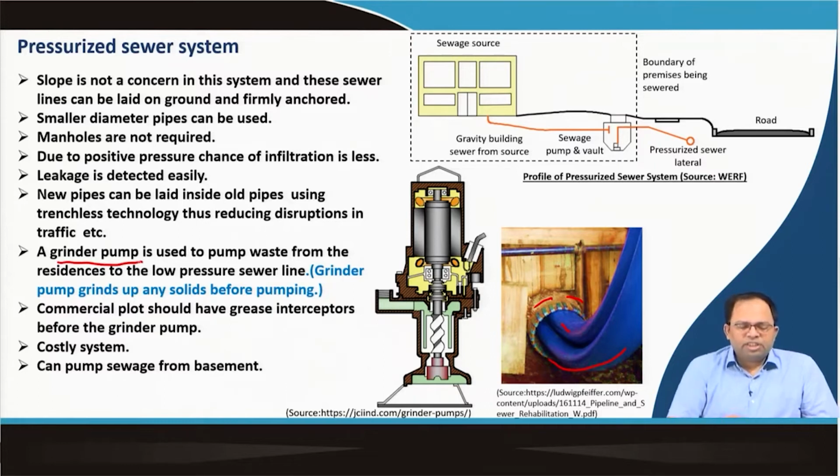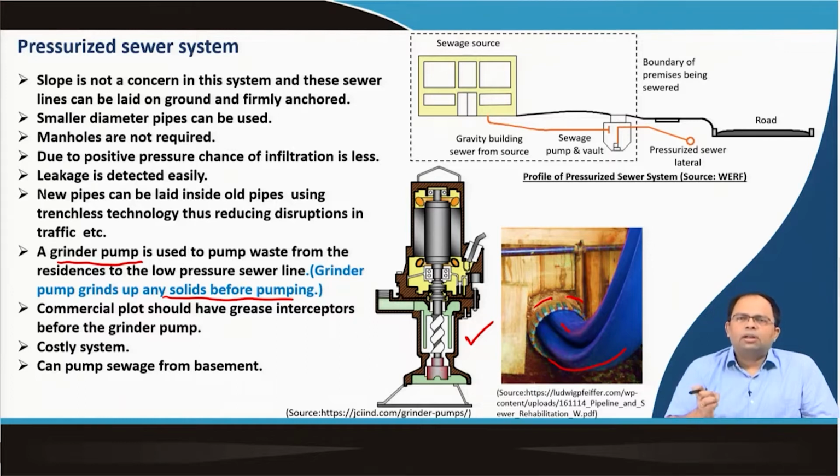So, grinder pumps are used to pump waste from the residences to the low pressure sewer line. This is not a very high pressure line, it is a low pressure line, and grinder pumps grind up any solid before pumping. So, as you can see in this image, this is the grinder pump, and one job of it is not only to pump the sewage, but also to grind it.